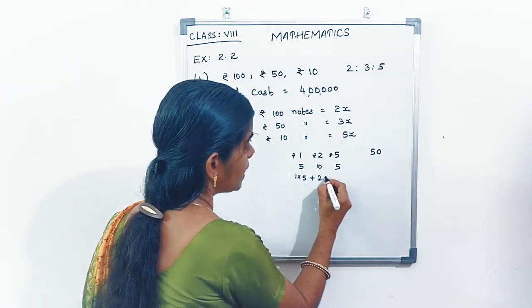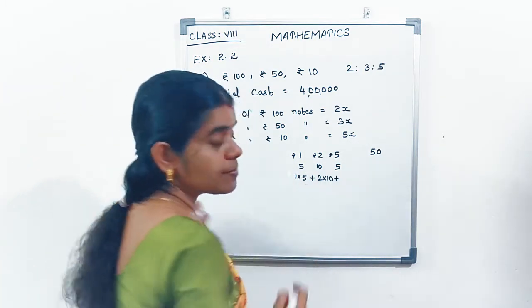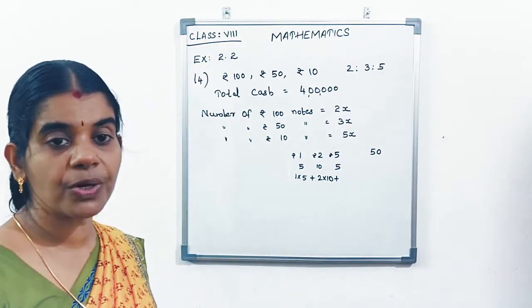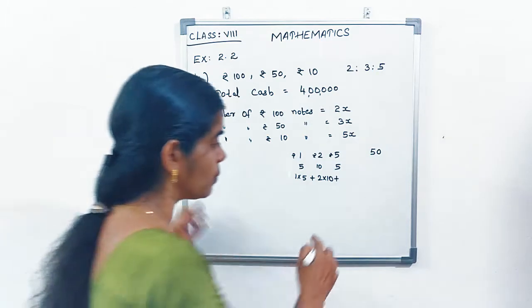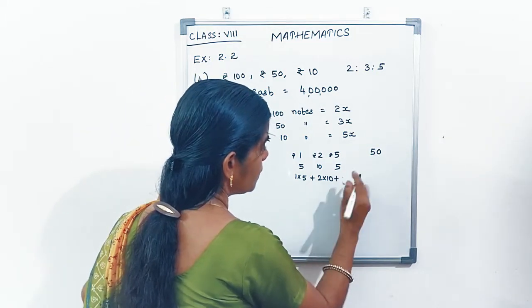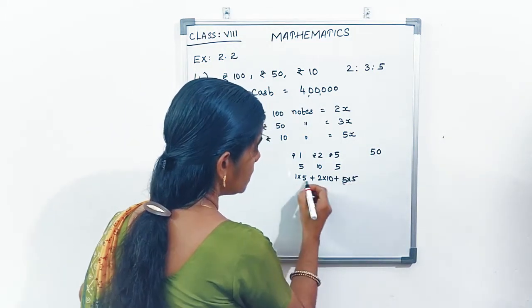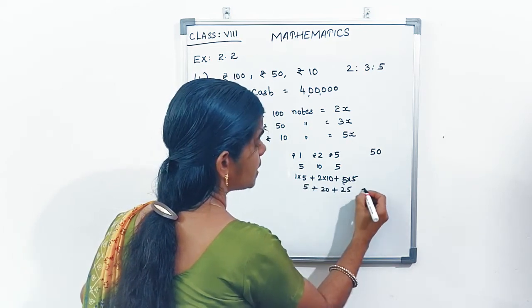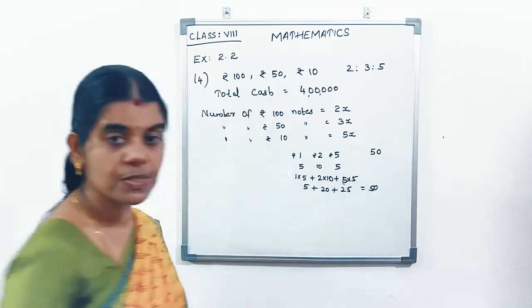Plus 2 into 10, plus 5 rupee notes, 5 of them: 5 into 5, 25 rupees. So you get 5 plus 20 plus 25, which is 50 rupees.